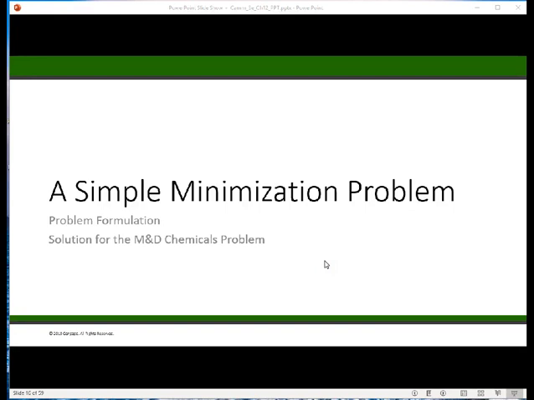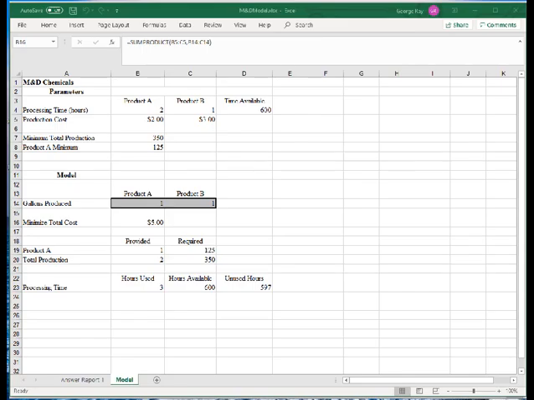Now we'll take a look at a simple minimization problem in Excel. So here we have M&D Chemicals, and they produce two products, let's say paints, that are sold as raw materials to other manufacturing companies.